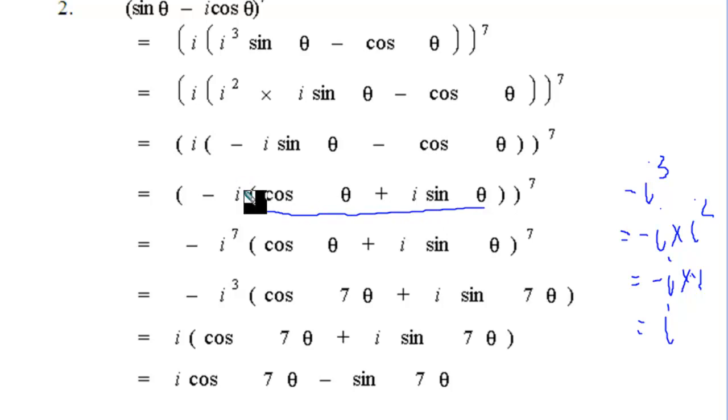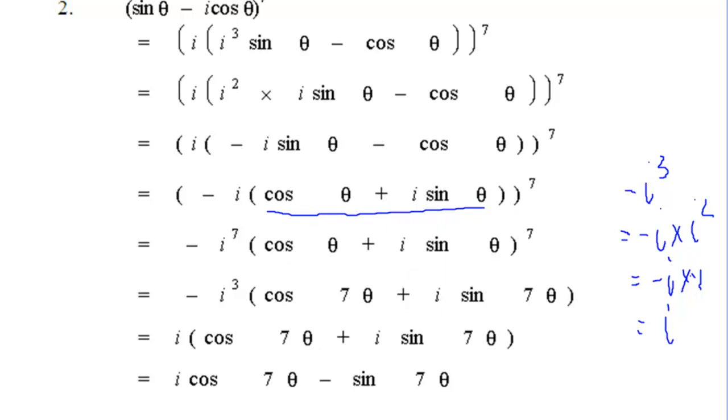Depending on how confident you are with all the ideas of i, you can go from that line to that line. If you can see that manipulation, minus i times cos theta, minus i times i, positive i squared, will give you positive sine theta. Once you've got it at that point, you've got it in modulus argument form. So you can apply De Moivre's Theorem for that part, and the minus i to the power of 7 just gets multiplied there. Then you can keep working through with it.